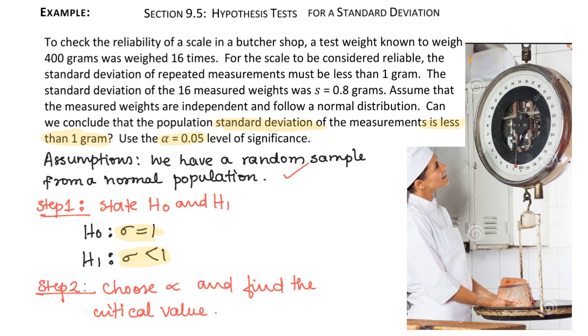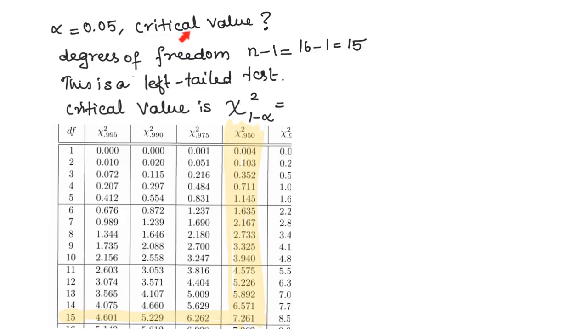And find the critical value. Here they weighed 16 times, so n is 16. The number of degrees of freedom is n-1, so 16 minus 1 equals 15. We need to find the critical value.